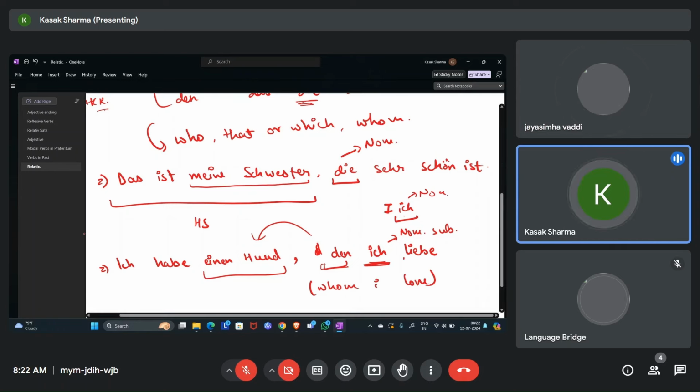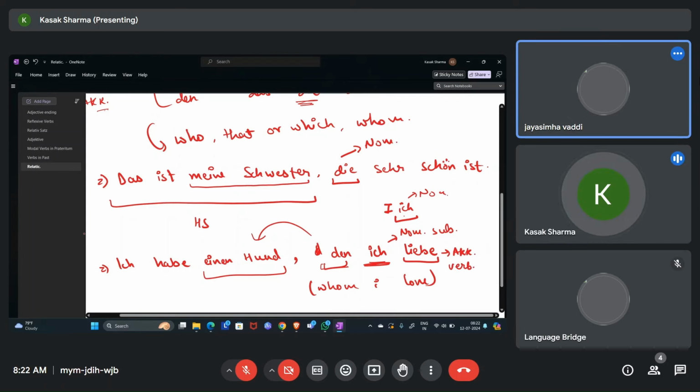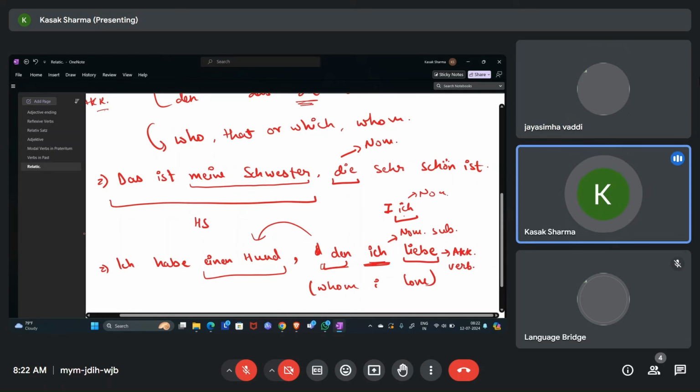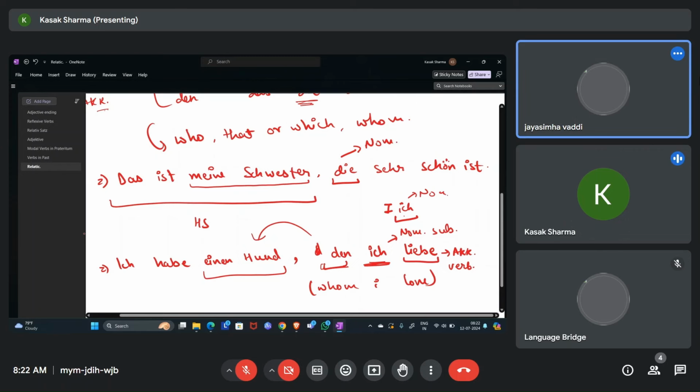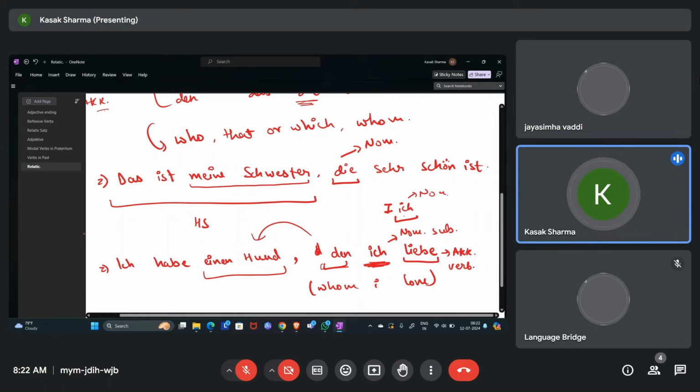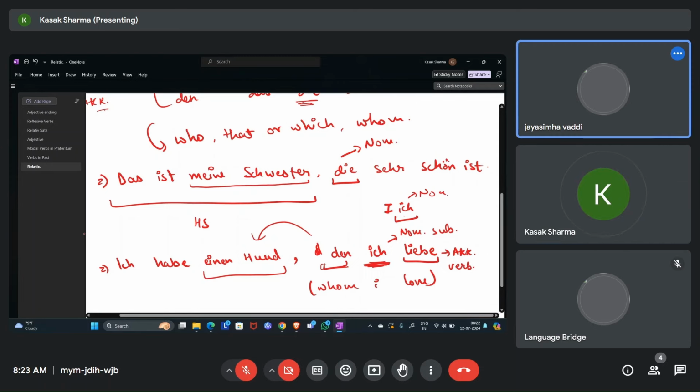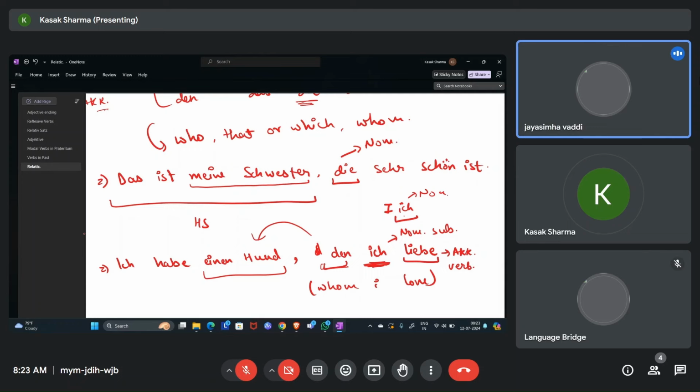And this lieben is my accusative verb, to love. So that's why, according to the verb, I have changed my der to den in accusative. And why have I changed it? Because this ich is already in nominative. Any doubt?